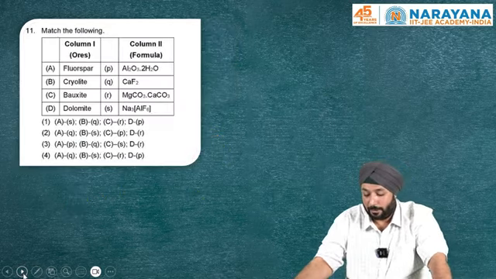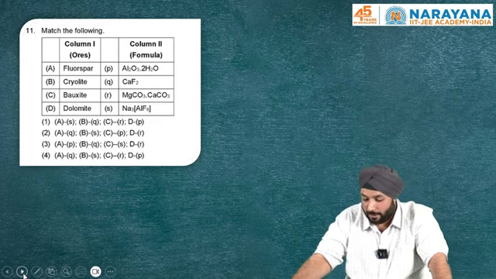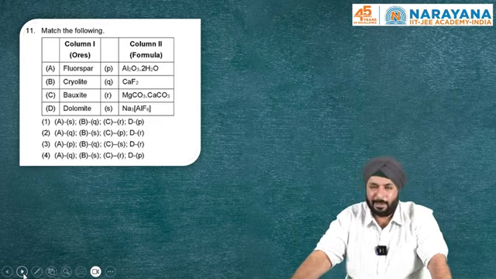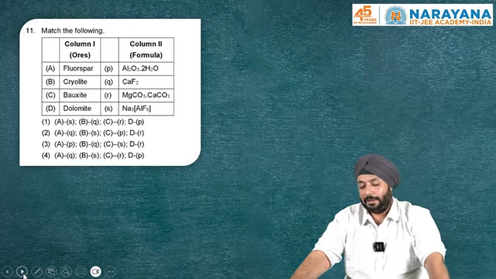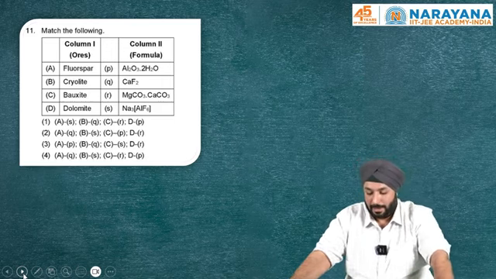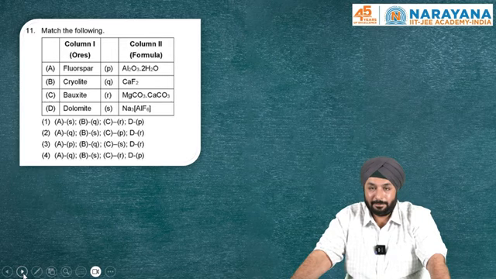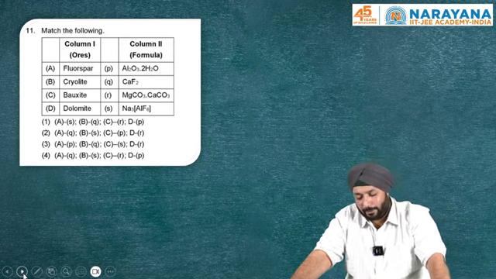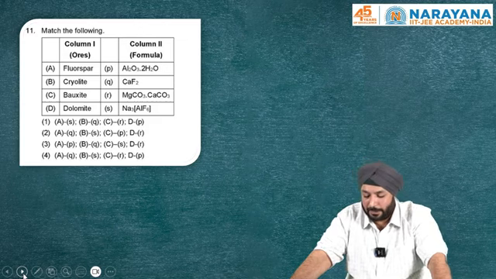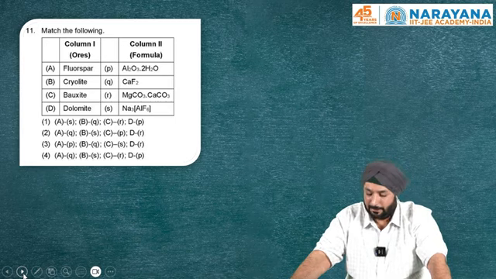We'll move to question number 11. Now it's a matching question, and again this question came from your ores and metallurgy. Dolomite is the only option which students generally don't know, but every other student will know all the things because they are very general compounds, right?